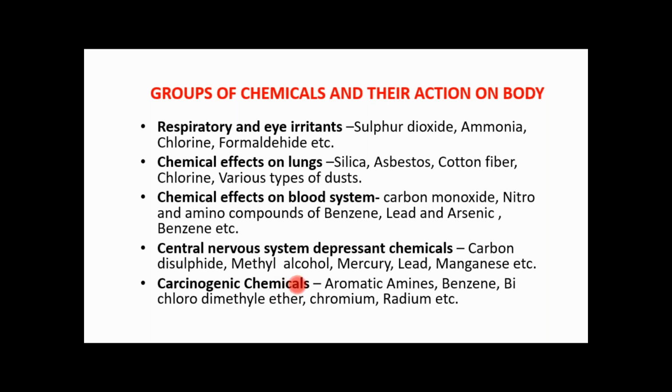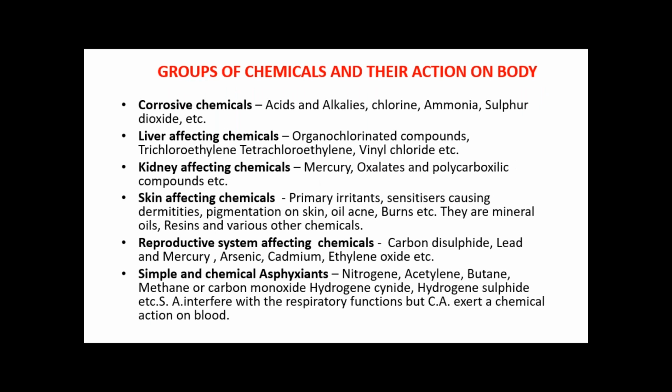For example, aromatic amines, benzene or benzene derivatives, then bichlorodimethyl ether, chromium, radium, etc. All these are different chemicals and their effect on a particular body part. Then other chemicals like corrosive chemicals, acids, alkalis, chlorine, ammonia, sulfur dioxide, which can cause corrosion.